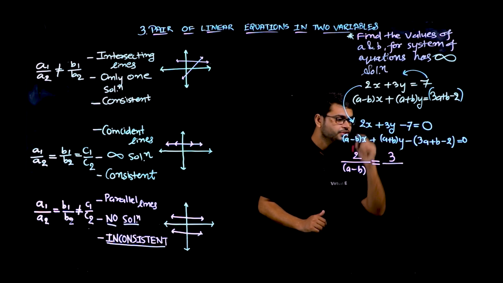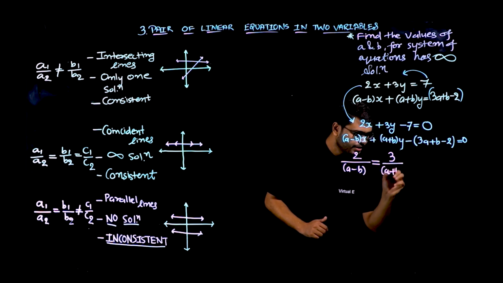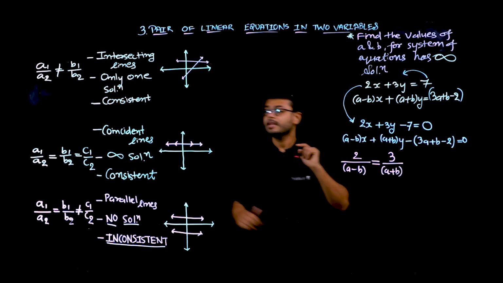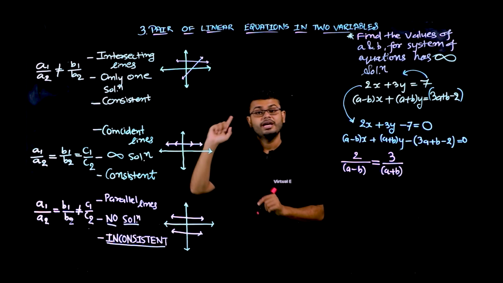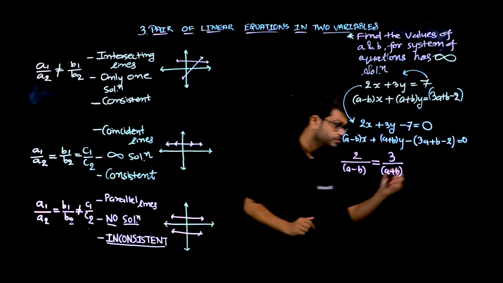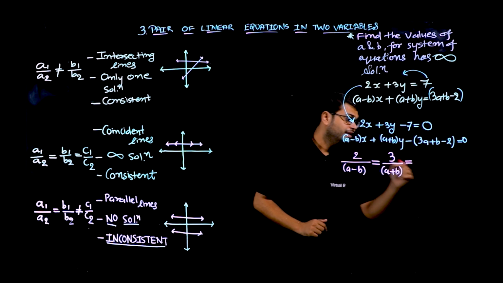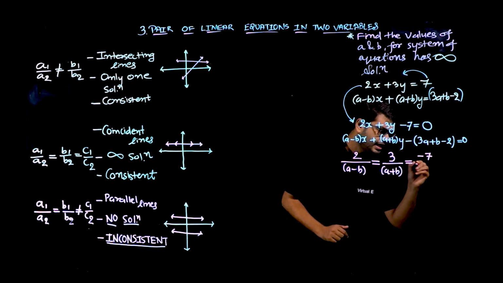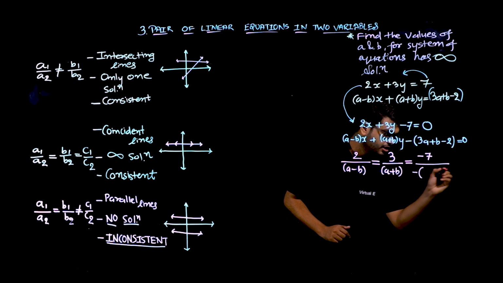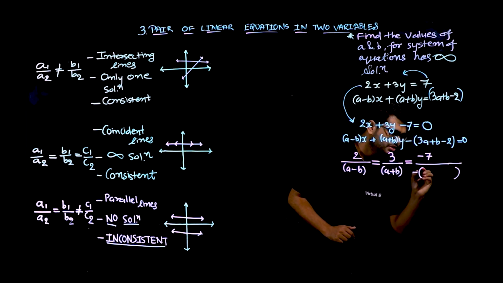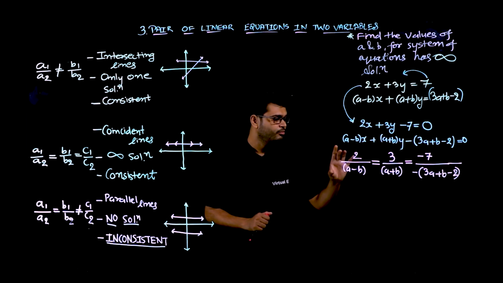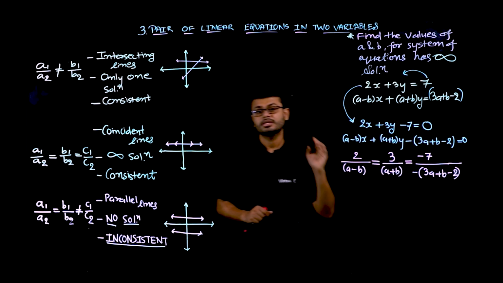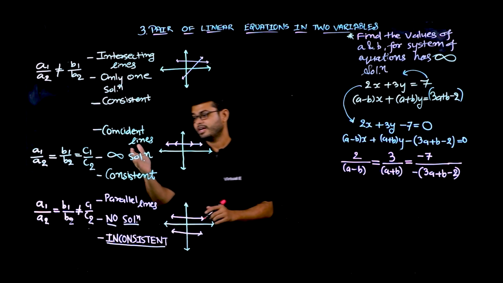Then here coefficient of y, which is a plus b. Then again I will be writing equal to sign. Why? Because this is the case of infinite solutions. So equal to minus 7, and here again I will be writing a complete bracket, which is 3a plus b minus 2. So my formula is ready based on the case of infinite solutions.